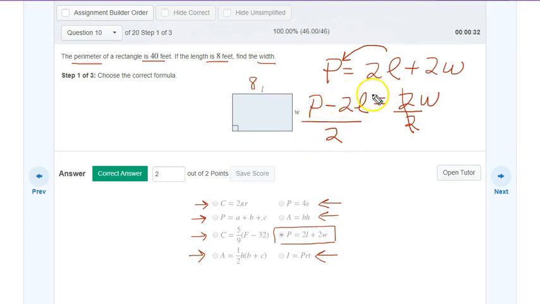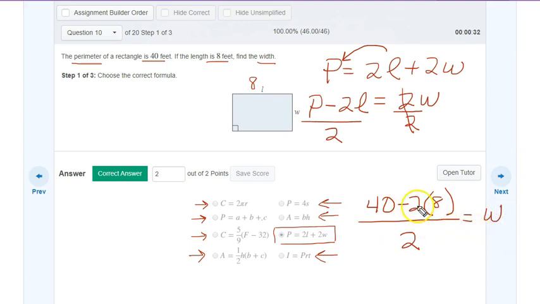Now, in the next step, they want you to do the substitution. So here our perimeter, we said, was 40, minus 2 times our length, which we said was 8. And this is all going to be divided by 2. And this will give us our width.